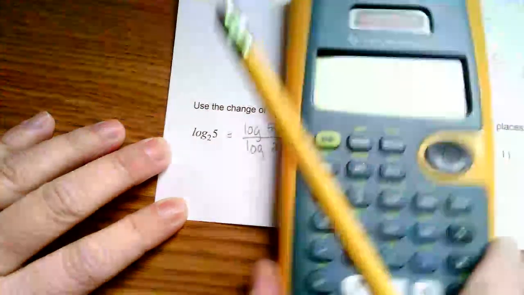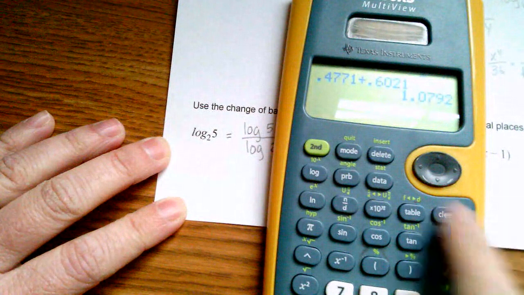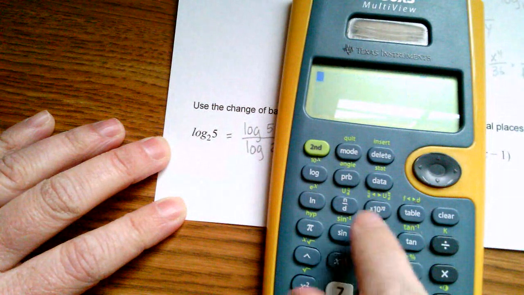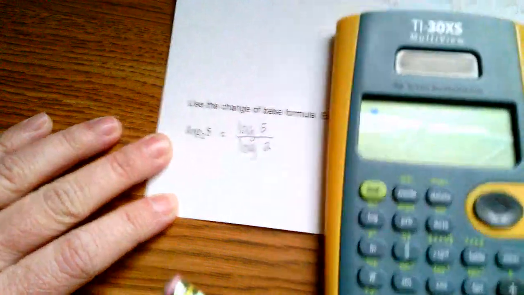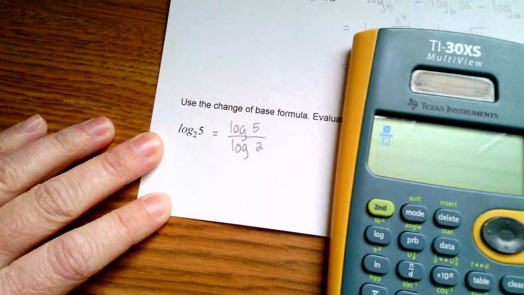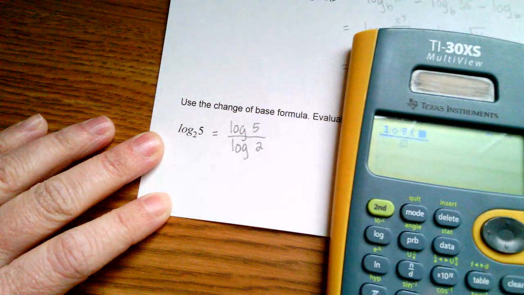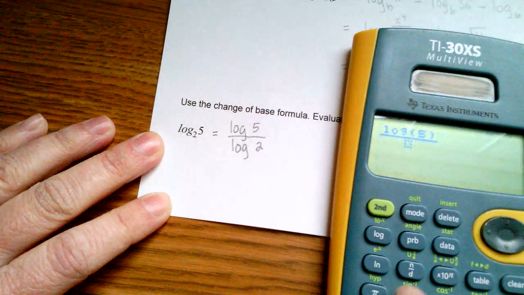Okay, and so when I plug that into my calculator, I have this nice fraction bar on my calculator. I'm doing log of 5 over log of 2.